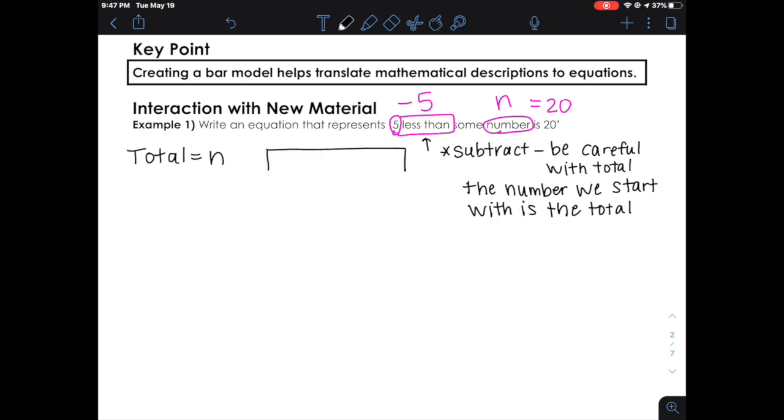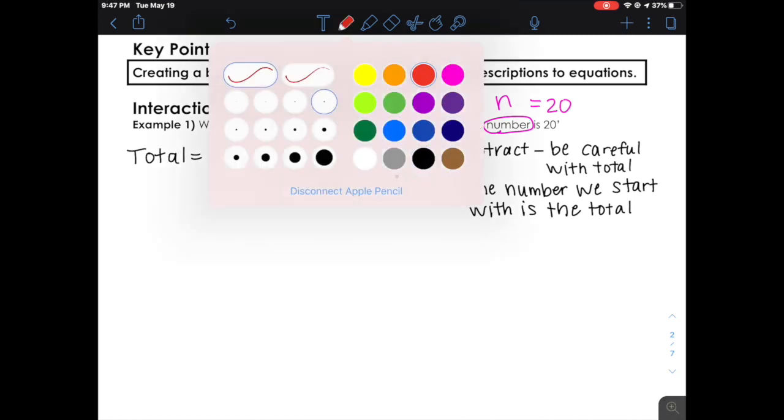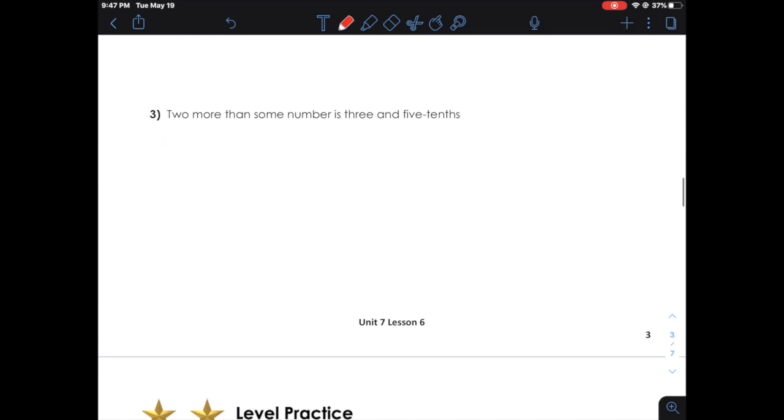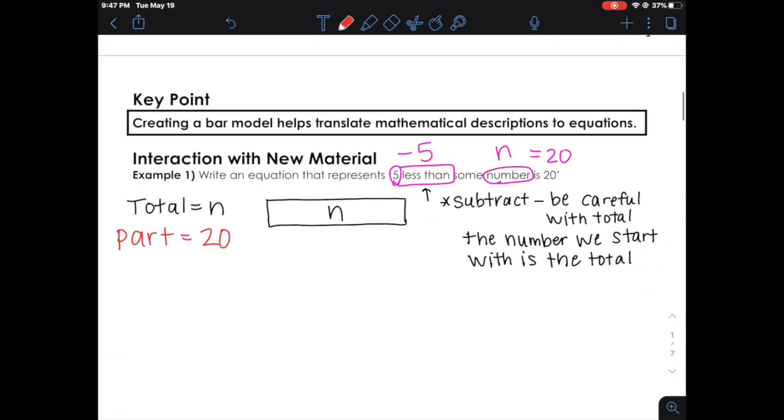So I'm going to draw my bar model to represent the total and label it with an n. I'm working with a subtraction problem, so I am going to have 2 different parts. One part equals 20, so 20 is going to be one of the parts.